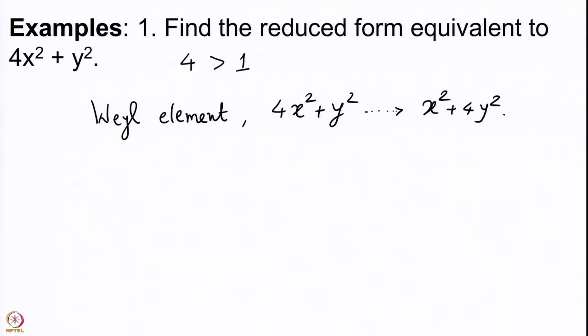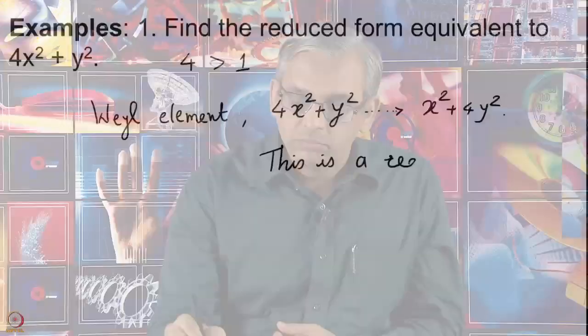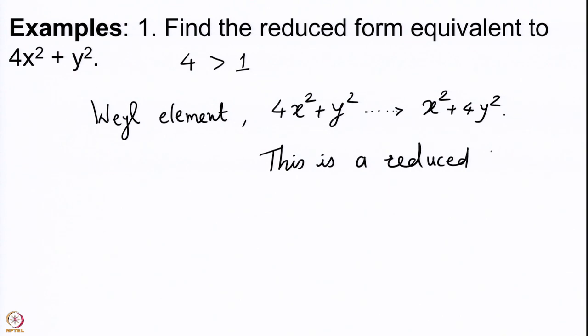Here we do not have the b term, there is no coefficient for xy, the xy term is 0, and so its sign changes and it still remains 0. This is a reduced form. So, 4x square plus y square is equivalent to the reduced form x square plus 4y square.